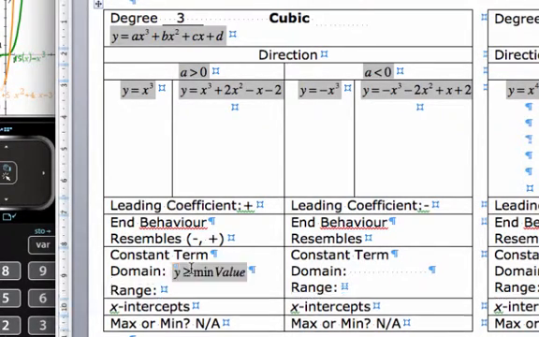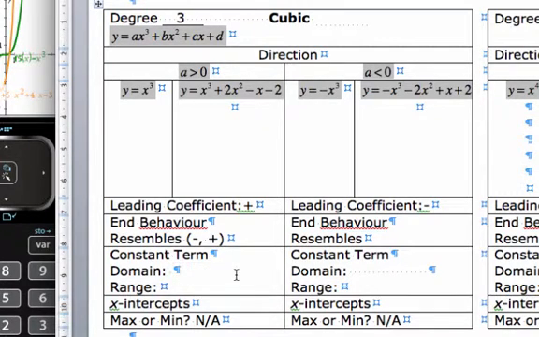Let's go back to domain and range. The domain is still going to be the set of all real numbers, and similar to a linear function, our range is also all real numbers. I'll let you finish off the range in the second one.